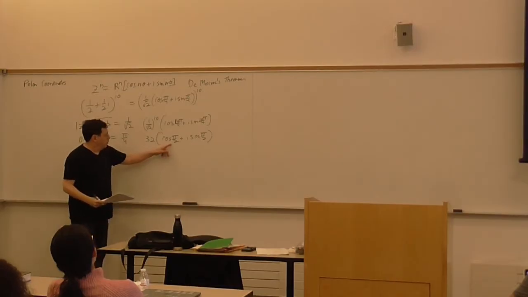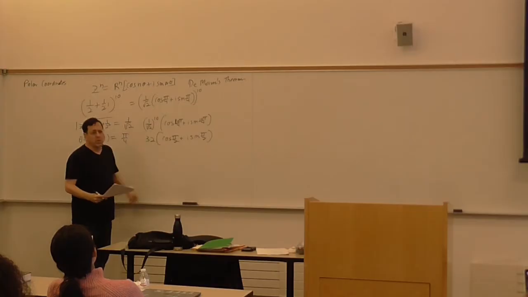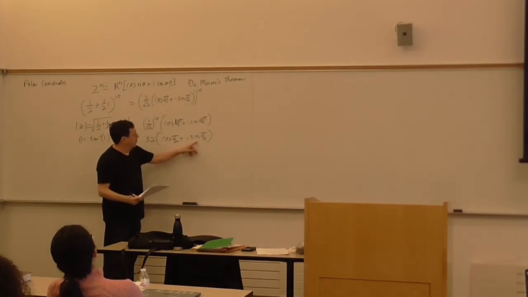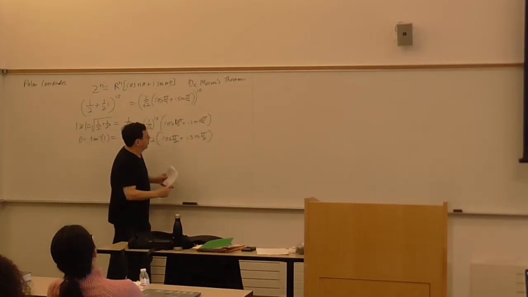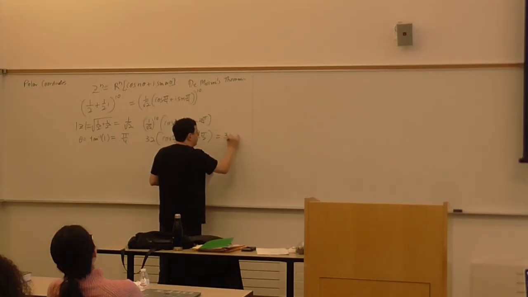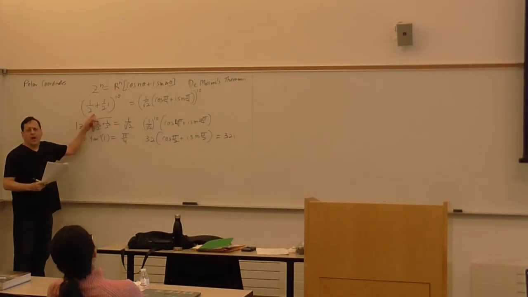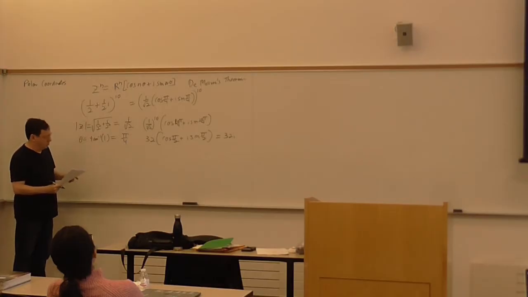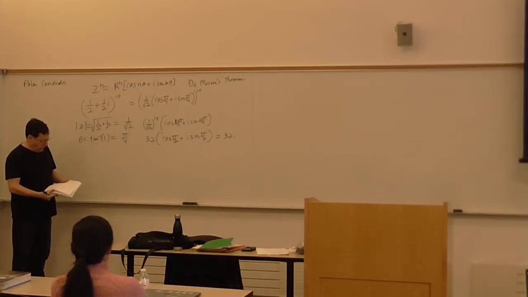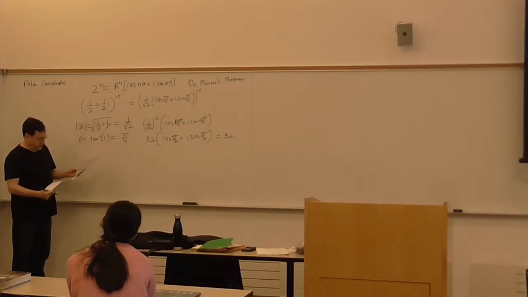All right, what's the cosine of pi over 2? 0. Sine of pi over 2 is 1, so this is just 32i. So we saved a lot of time there, right? We didn't have to do this multiplication out.